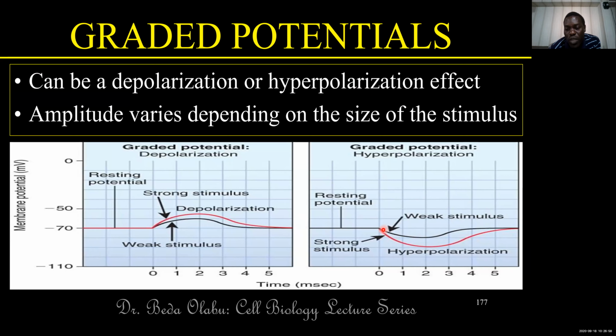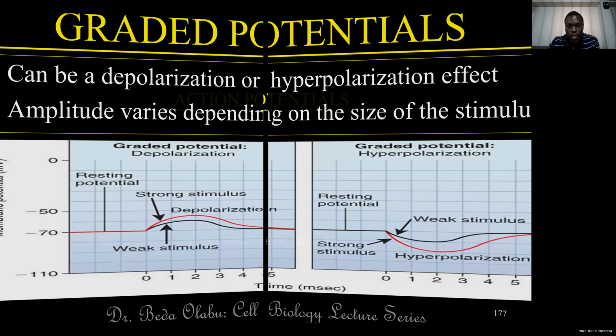So a weak stimulus will disturb it briefly, a little. But a stronger stimulus will have a higher amplitude of disturbance. That should make sense. If the stimulus is very weak, you'll just have a small disturbance. If the stimulus is very strong, you'll have a bigger disturbance. Great.